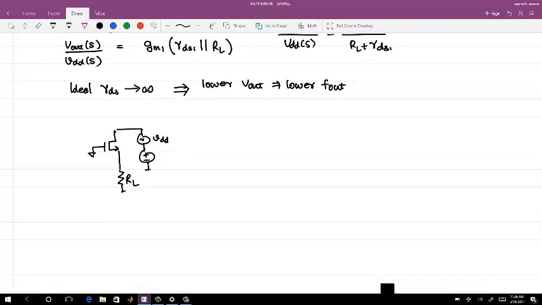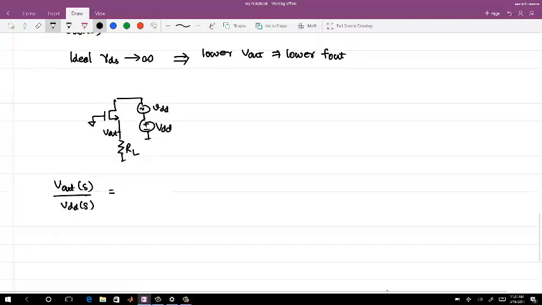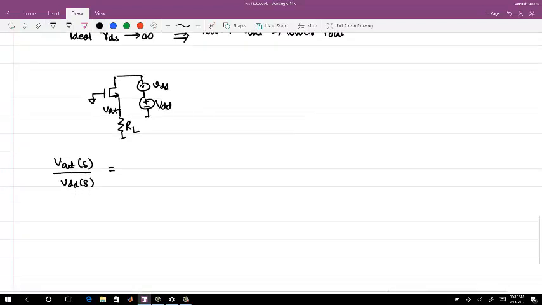So what will be the Vout with respect to this node? No, we are considering the GM.